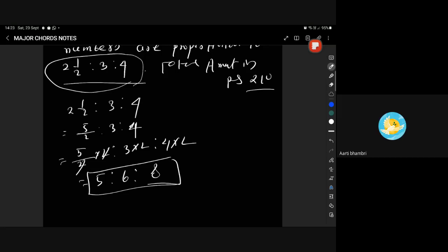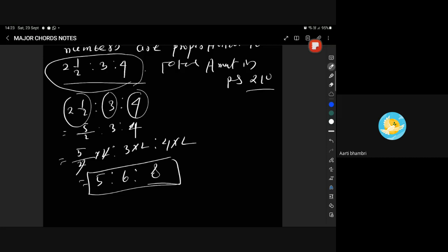Sir, why is it multiplied with 2? Because if you see, these are whole numbers and this is not a whole number, this is a fraction. To convert the ratio of a fraction to a whole number, you have to multiply each number with the LCM.